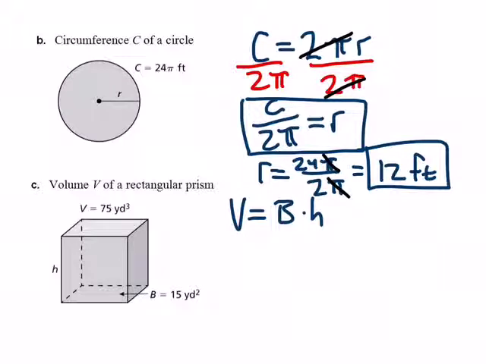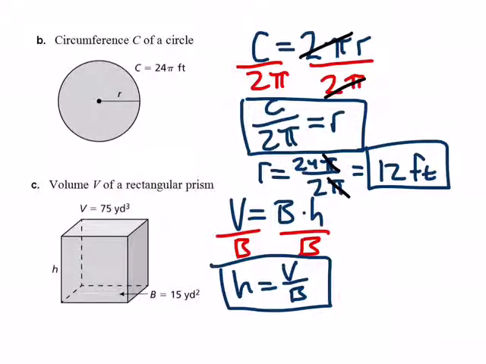All right, hopefully you divided this by big B, capital B, and we get a new formula that says the volume divided by the base equals the height. Okay, there's our formula. That's the first step. Next step is to take the numbers we know, 75 for the volume and 15 for the base, and plug them in.